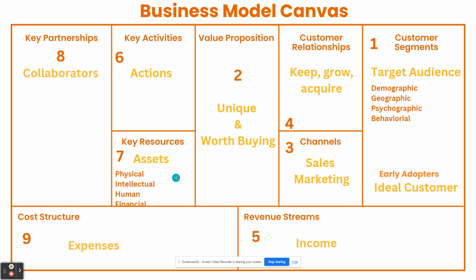And under resources, you'll see four different types. There's financial, and there's physical, which are things that are tangible. You can touch, you can feel: equipment, materials, supplies, inventory, buildings, factories. Intellectual, that's intellectual property: patents, copyrights, trademarks, and trade secrets. Remember that patents are inventions or designs, and they actually have to be made public in order to receive that protection.